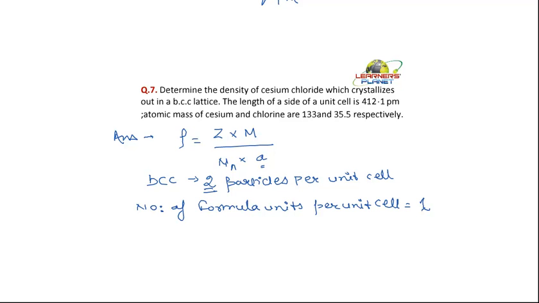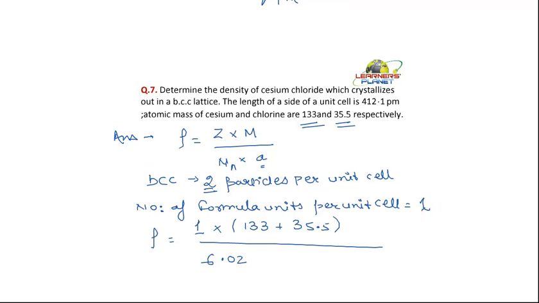Because you are provided with a formula mass over here, this is 1 into the formula mass, that is 133 plus 35.5, and that has to be divided by the Avogadro number, that is 6.023 into 10 to the power 23, multiplied by a cube.